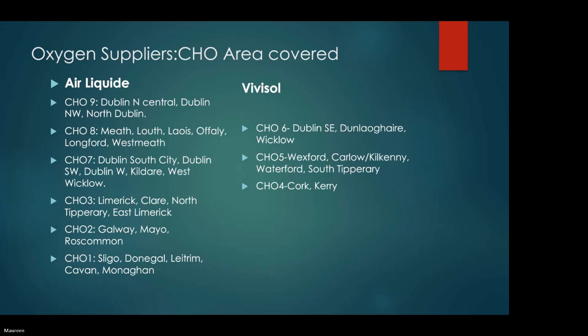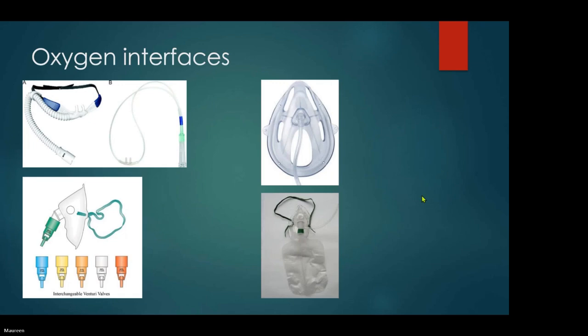Okay, so if we go to the next slide. So this slide is called oxygen interfaces. So basically that's the delivery device that we use. Now, by and large, the majority of people in the community setting are given what you call nasal cannula, which is highlighted as B on the diagram in the top left-hand corner.